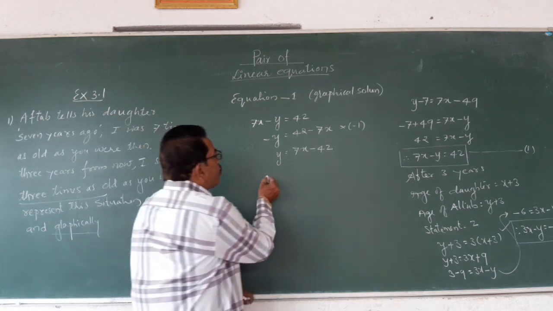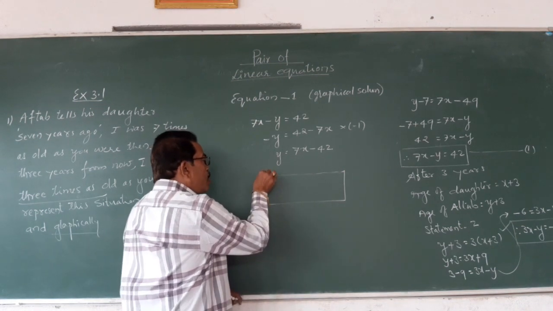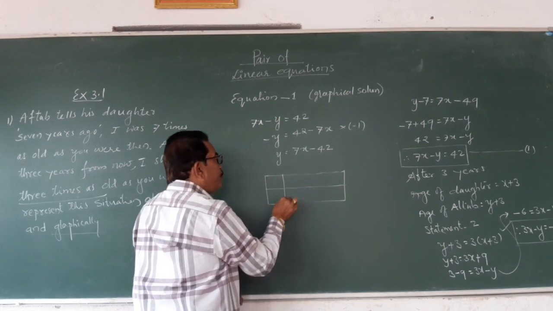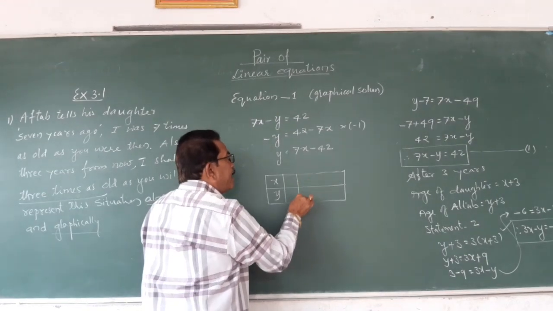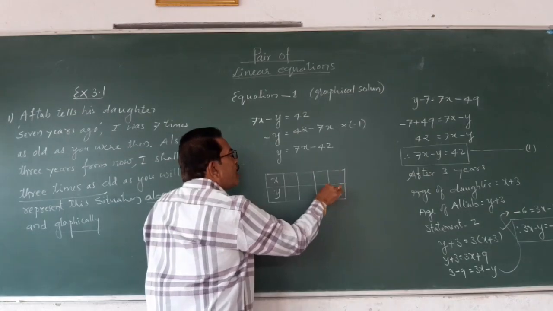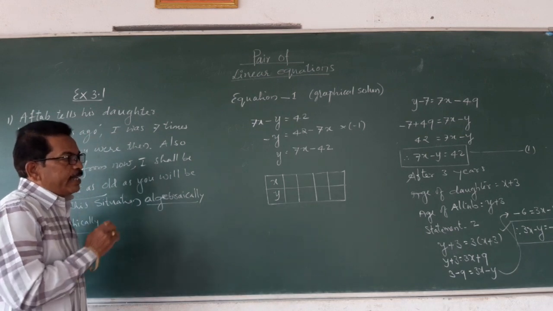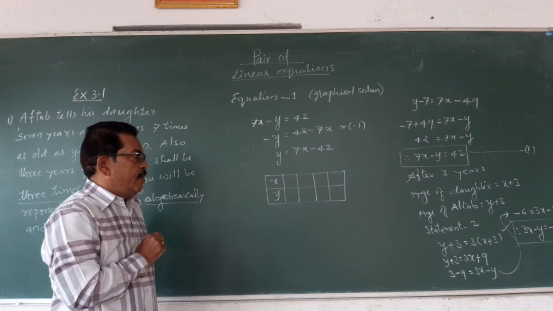Then we have to tabulate this equation, with x values and y. At least we have to calculate 3 values of y. We should consider the values of x. Okay?